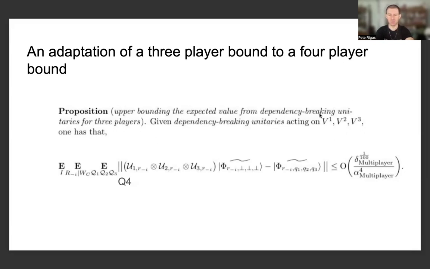Given dependency breaking unitaries acting on V1, V2, V3, and V4, one has that the expected value of the tensor product of the dependency breaking unitaries applied to the normalized state of a dependency breaking variable with all of the three questions anchored, minus the phi, namely the normalized dependency breaking state with no questions anchored, can be upper bounded by some big O function of delta multiplayer to the 1 over 100 normalized in alpha to the fourth. Sorry, there shouldn't be a Q4 here, that's a typo.